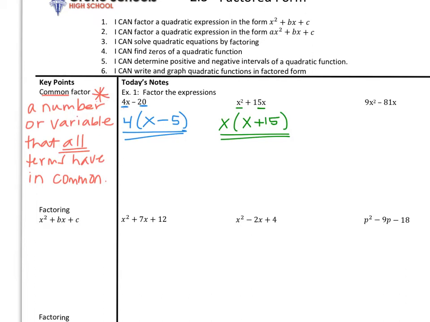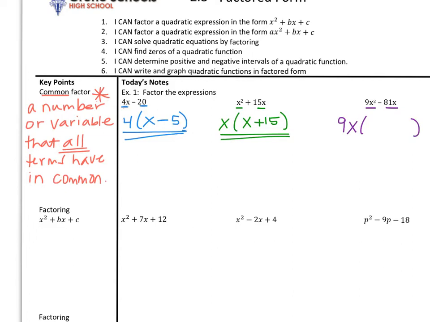The last one, 9x squared minus 81x. Notice here we have two terms again, and we have numbers and variables that both terms have in common. For the 9 and the 81, the biggest number they both have in common is a 9. And x squared and x, just like that last example, there's an x that they both have in common.